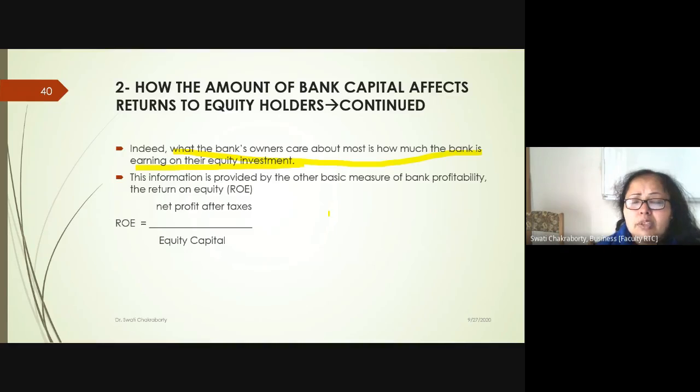So how would they know this information? This information is provided by the other basic measure of bank profitability, which is ROE, that is, return on equity, which is net profit after taxes divided by equity capital, right?